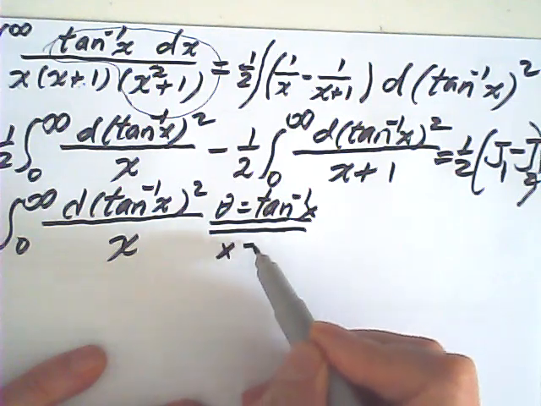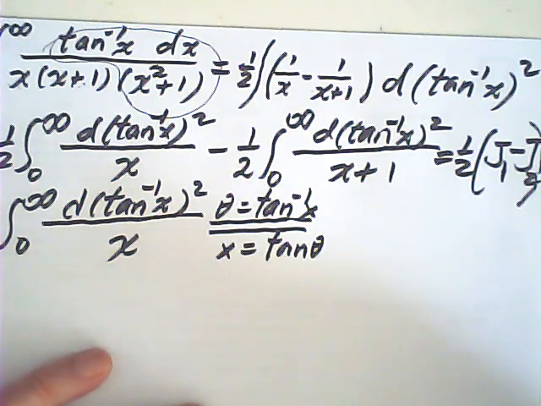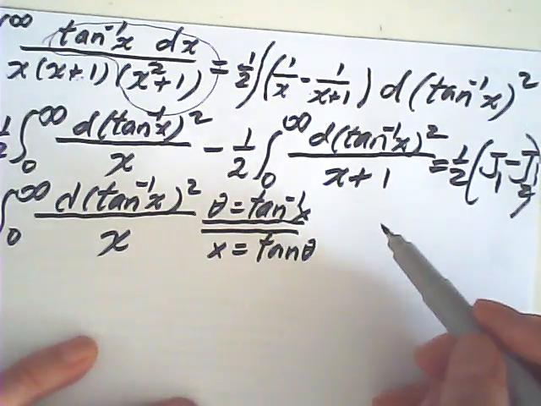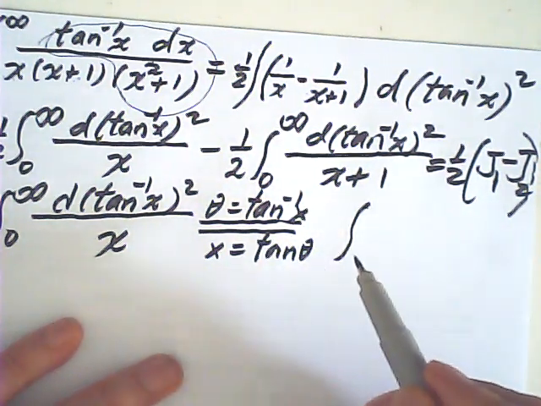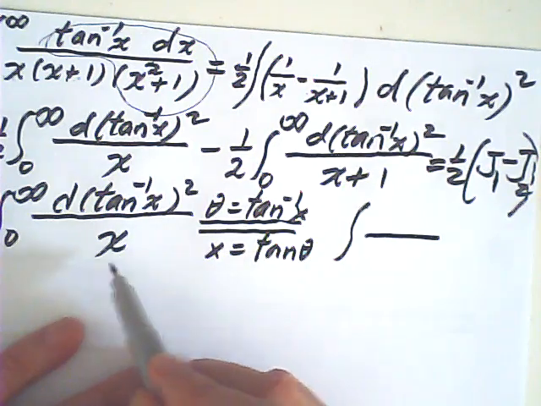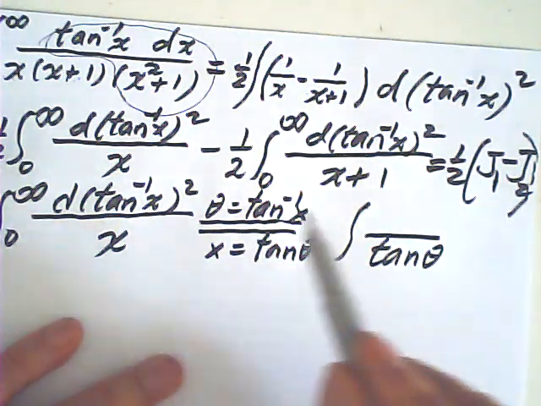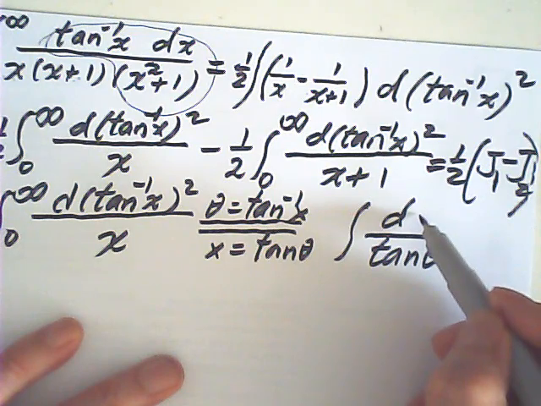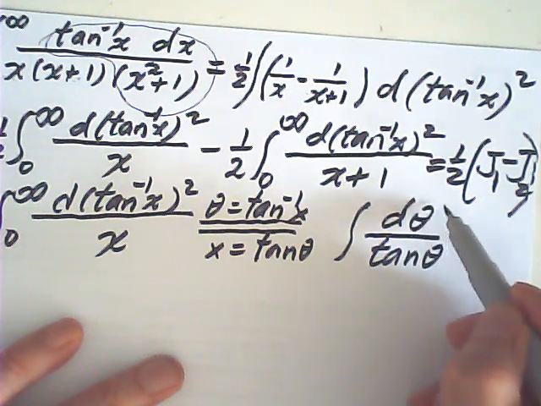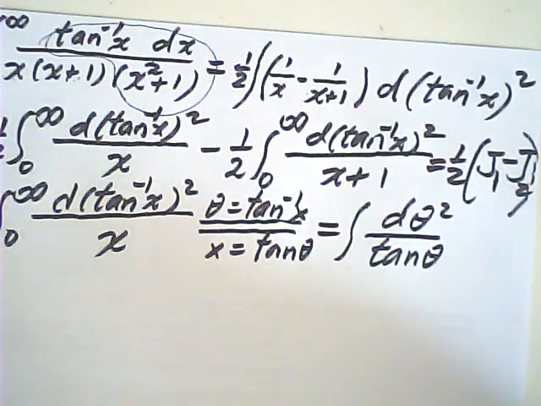Then x is equal to tangent theta. So my integral becomes, this will be tangent theta on the bottom, and on top will be d theta squared.